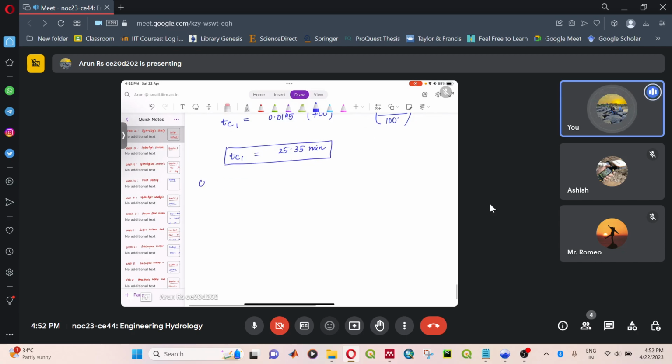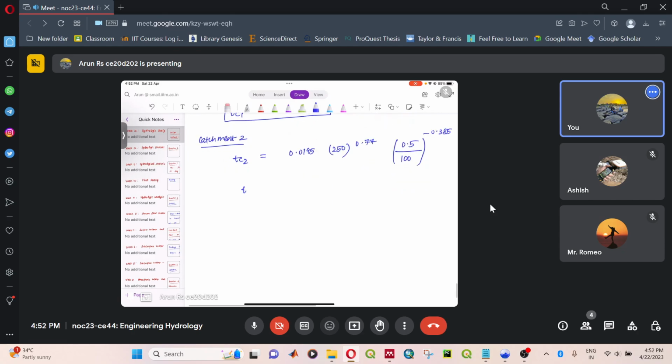Similarly for catchment 2, this is 10.53 minutes.